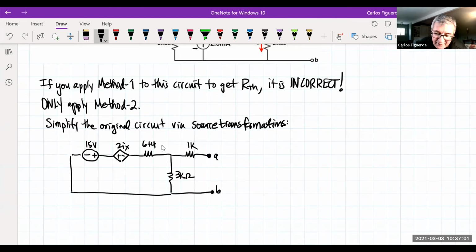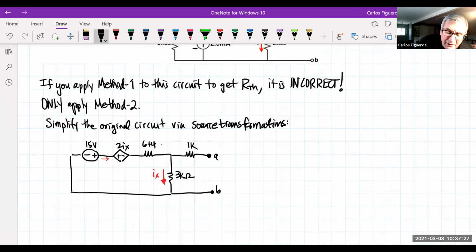But if I clean it up, I have to define a polarity here. What helps me define the direction is this Ix. Look how the Ix is going down through the 3K, so I'm assuming that the current's going this way. Does that mean that Ix is positive? No, it just helps me define what it means.